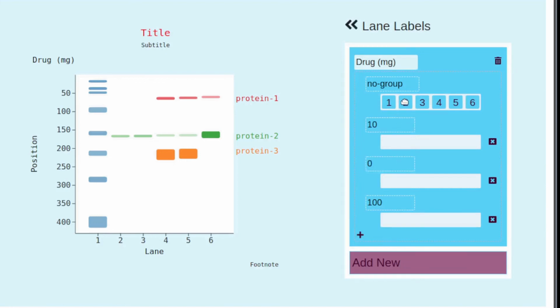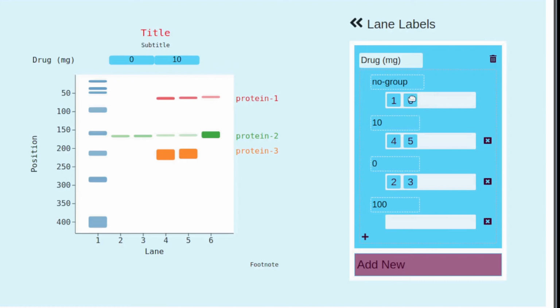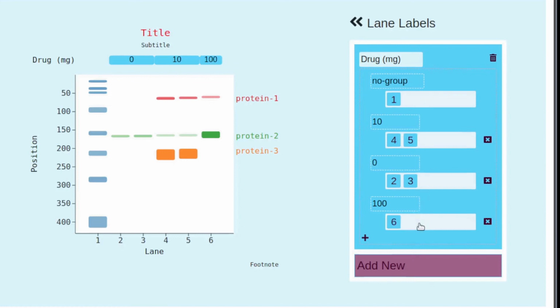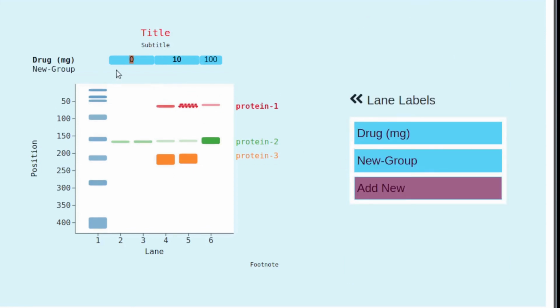Drag and drop the lanes into the values. You can add multiple labels if you wish, but we will only add one here.